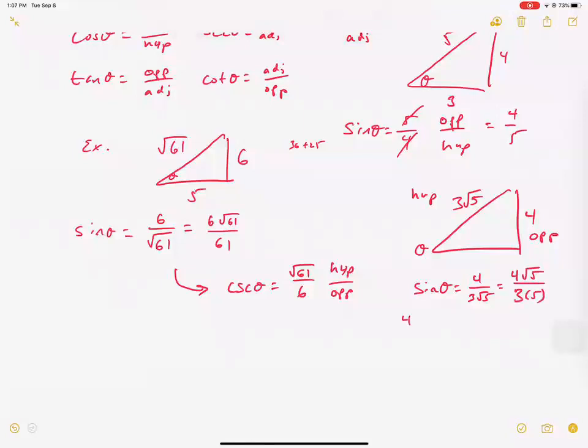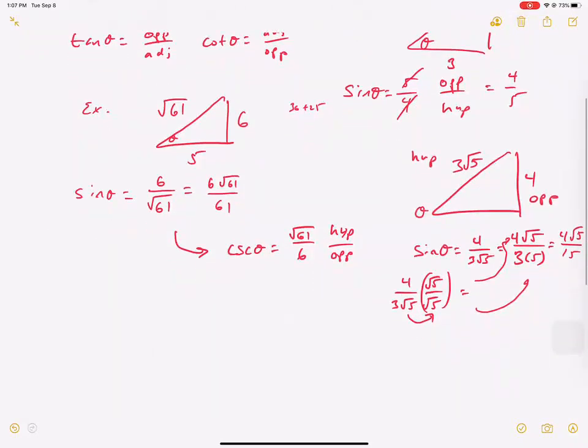To go the long way, 4 over 3 square root of 5 is square root of 5 on top and square root of 5 on bottom, and the square root of 5 goes on top, and these clear out, leaving me no square root. Afterwards, you just have to make sure we simplify: 4 square root of 5 over 15, and I can't reduce. A lot of people got IXL mistakes by just forgetting to reduce. When you read the directions, it keeps saying simplify at the end.